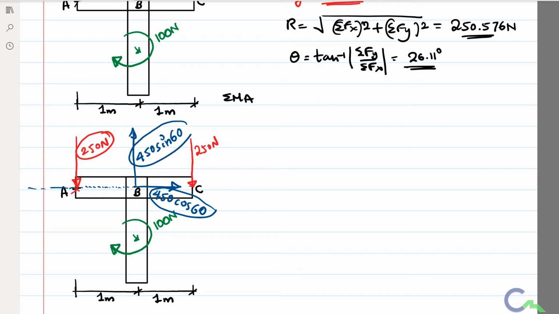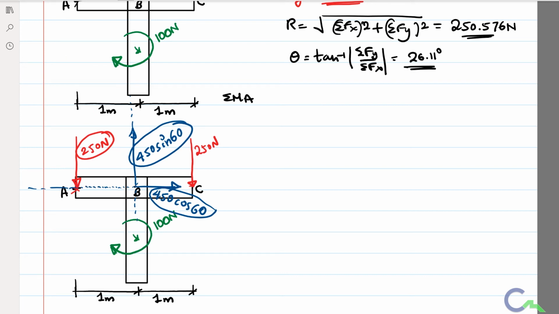I will take vertical component of 450. If I shift that force in the line of action of force, it is not passing through A, therefore it is going to rotate point A in anti-clockwise direction. If I take this as radius, if I trying to rotate that point, it is going to rotate in anti-clockwise direction.